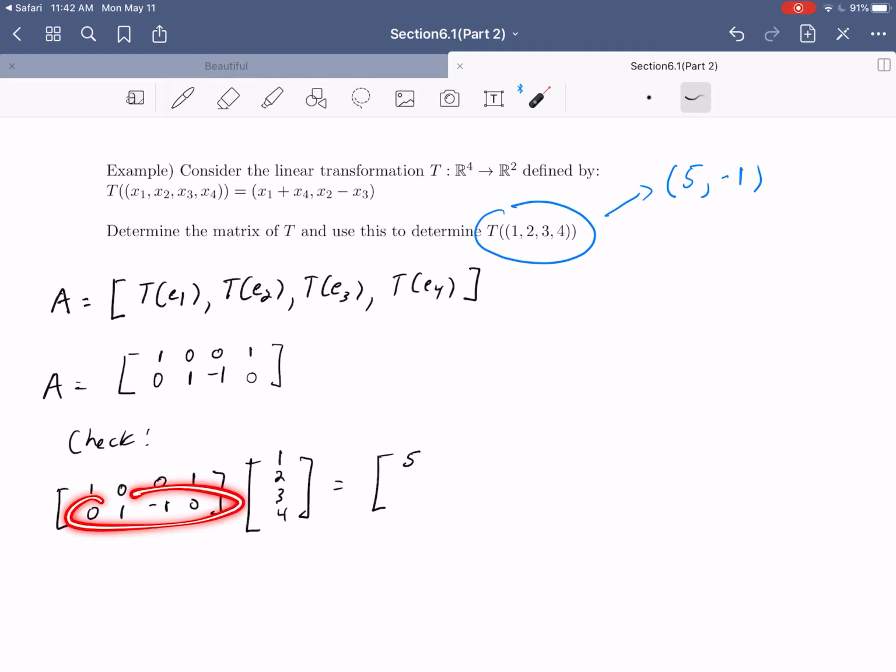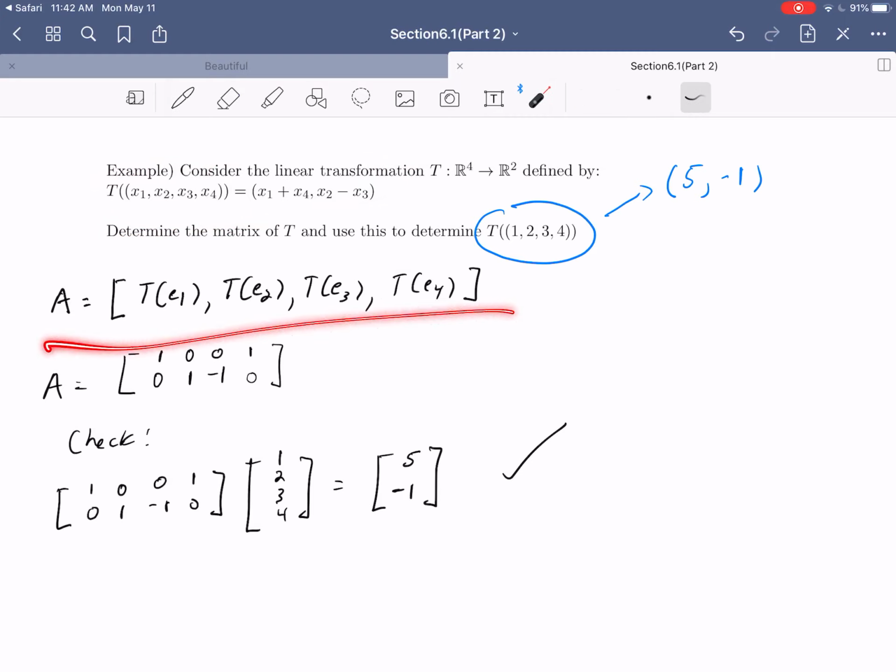And then this row times this column, that's going to be 0, 2, negative 3, 0. 2 and negative 3 is going to give us negative 1. What do we notice as the result here? 5, negative 1, exactly the same as 5, negative 1. Check. So this shows you that it's totally fine to define this transformation like this, but you can equivalently define it as a matrix multiplication.